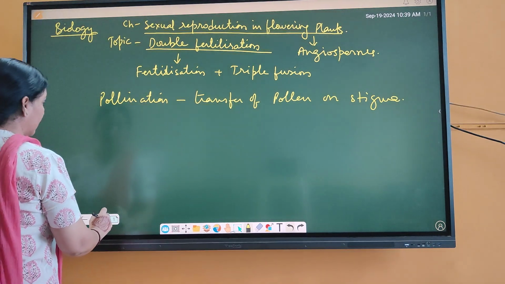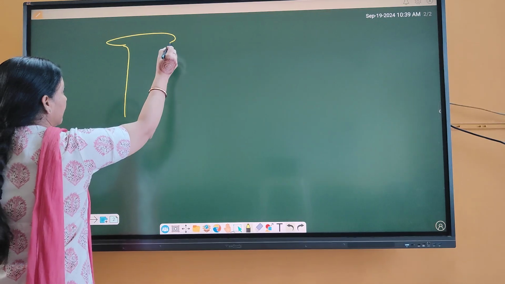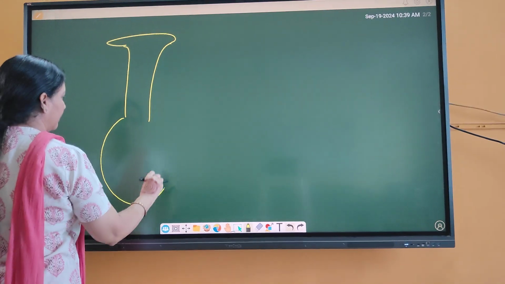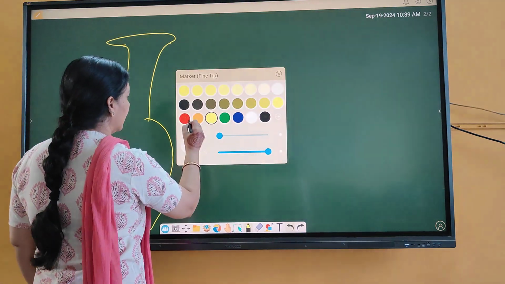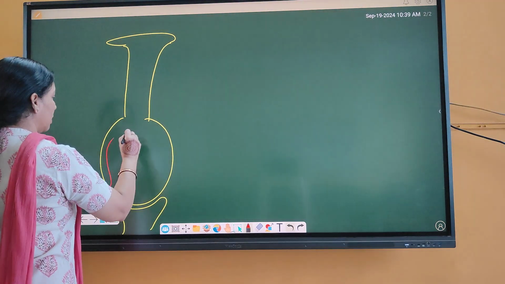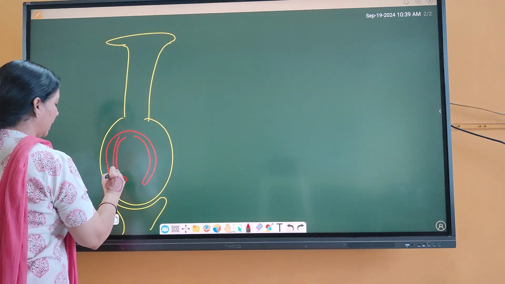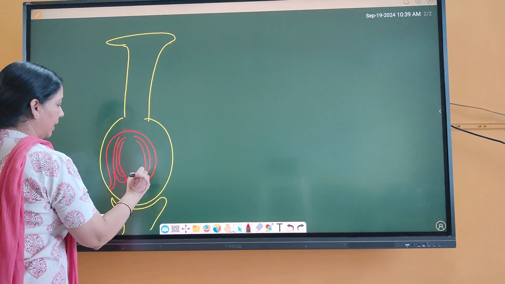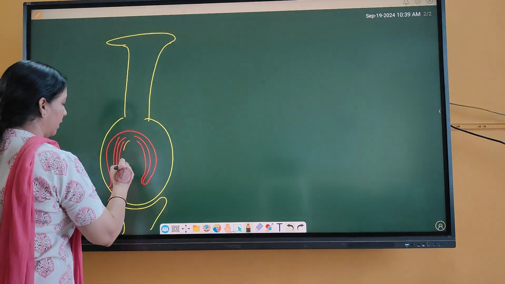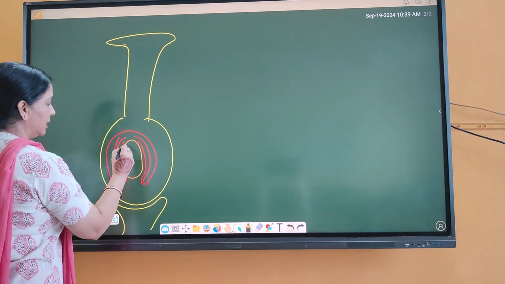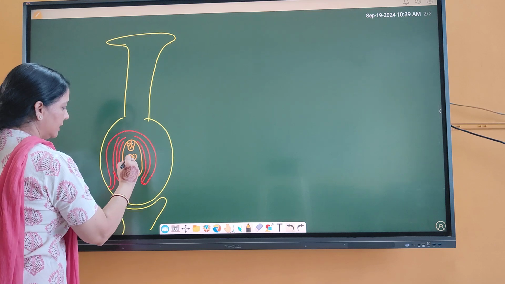Now we will see the diagram of the pistil, which contains, I am showing it with a single ovule in the center, bitegmic, and it consists of a central oval body that is known as the embryo sac.